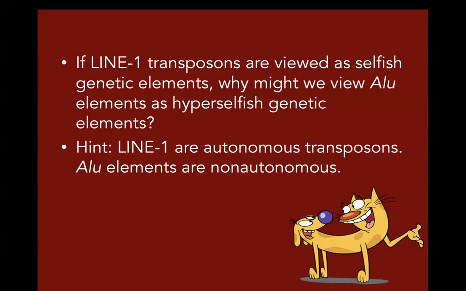Well, if you're autonomous, then you've got your own enzymes, you can copy yourself somewhere. If you're non-autonomous, you have to sit around like a slug waiting for someone else to make you an enzyme. So why might that make you hyperselfish? Because then you're both a parasite on the host and a parasite on the other transposons. Yeah.